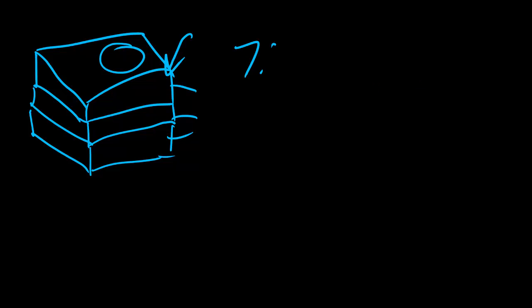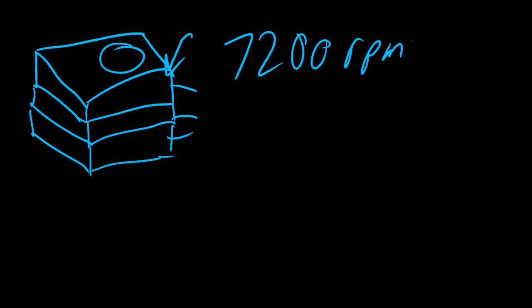We've got your 7,200 RPM, rotations per minute. This is probably what you're getting when you buy a consumer desktop disk. It's a SATA drive, serial ATA, and it's spinning about this fast.